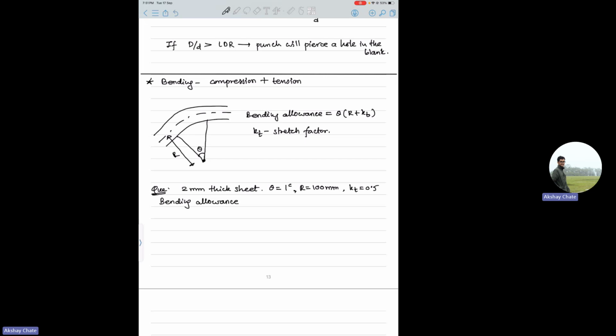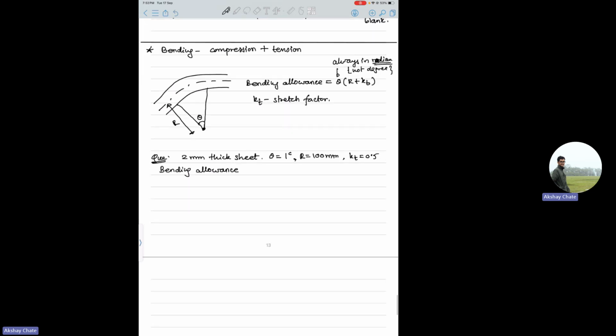And one thing is this theta is always in radians, not degrees. So this kind of straightforward questions are asked. In this case, this will be just theta into (r plus kt). Oh, sorry, this kt is k into thickness.